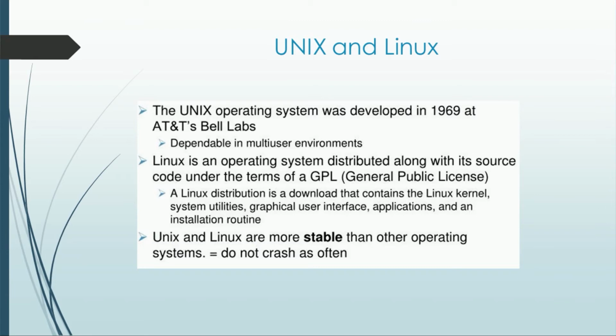The Unix operating system was developed in 1969 by Bell Labs, and Linux is an operating system distributed along with its source code under the terms of the GPL, General Public License. I already said that this is harder to work with than other operating systems. Unix and Linux are more stable than other operating systems and do not crash as often.